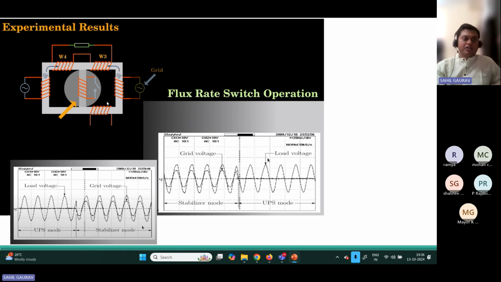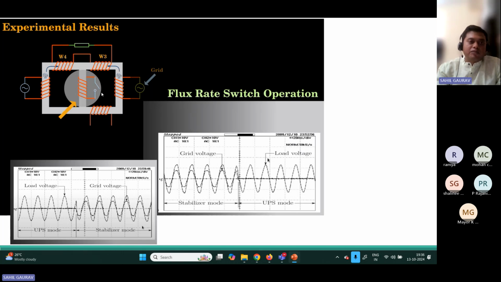Means the central limb will not come into picture. Yes, in this UPS operation, this will be closed because both flux cannot be canceled.